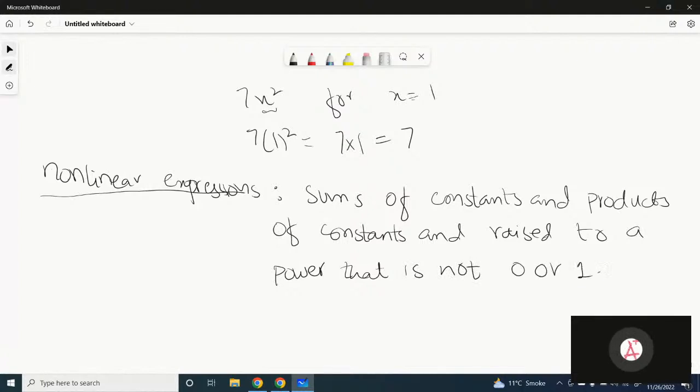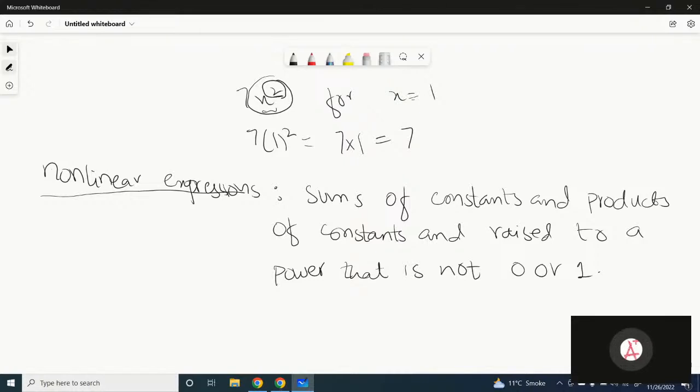You can see all the examples, all the questions we did up till now from this lesson, all have the variable raised to the power 2. Got it? Not 1 or 0. So that means they are nonlinear expressions.